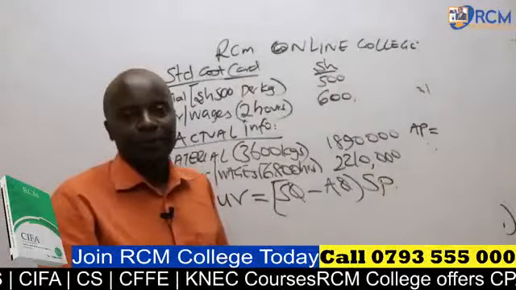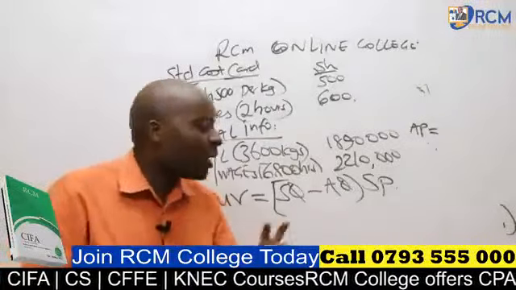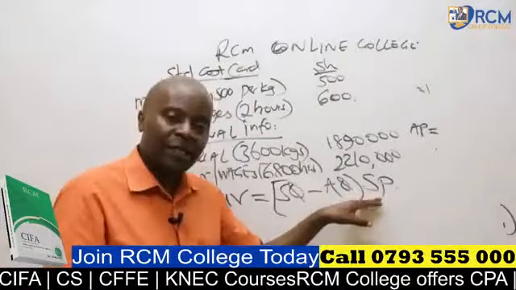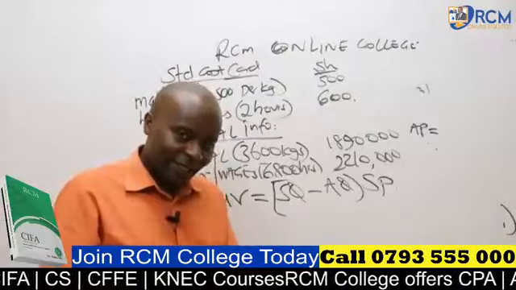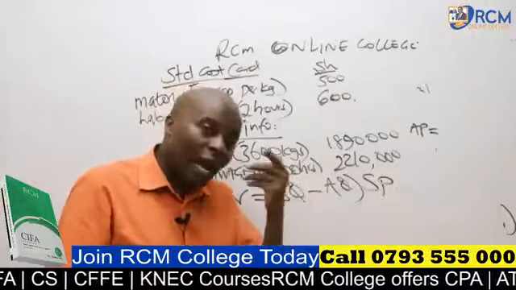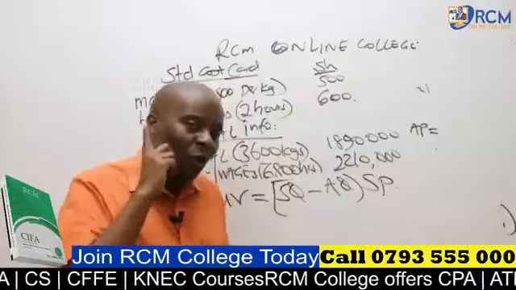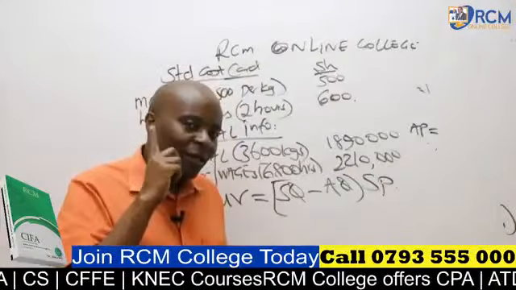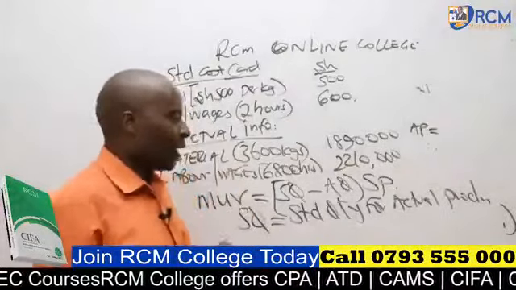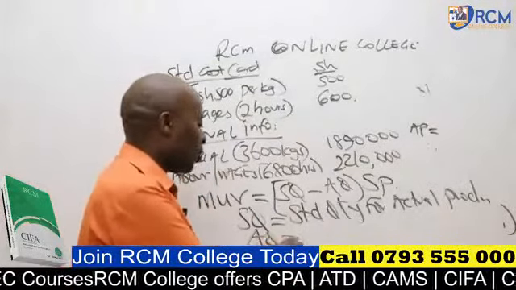One thing you're going to realize as we get along, if we have money outside here, money has to be standard. But if it is quantity or hours outside, they have to be actual. And then we have our AQ.